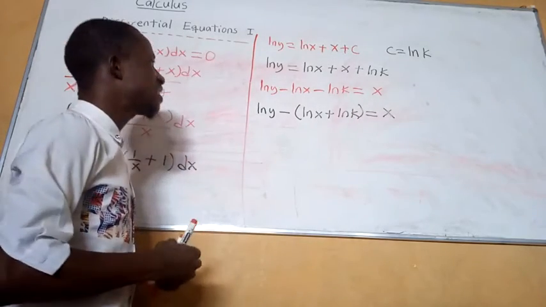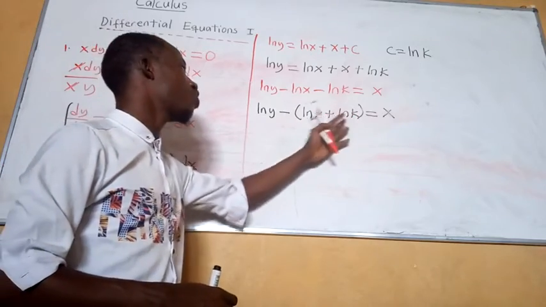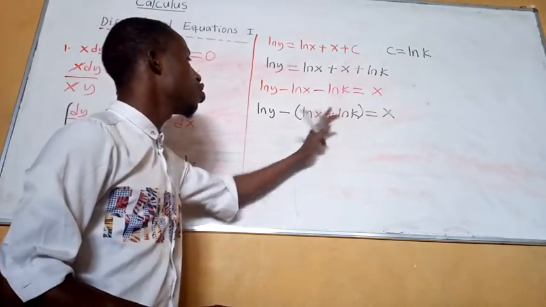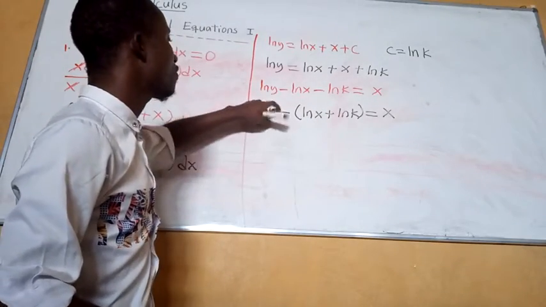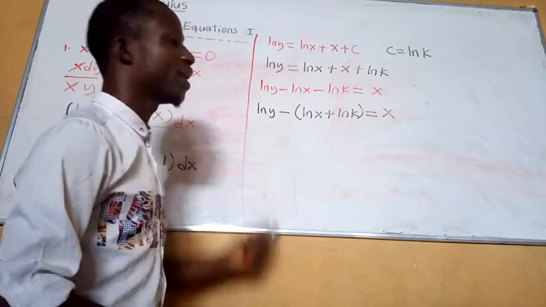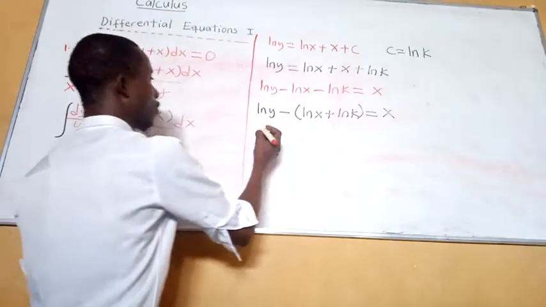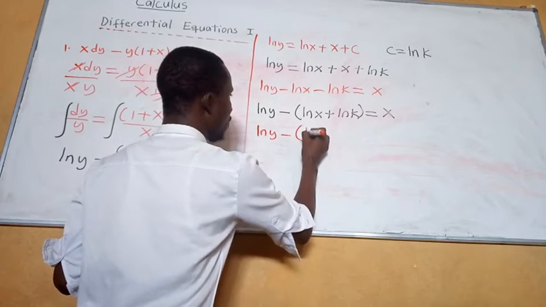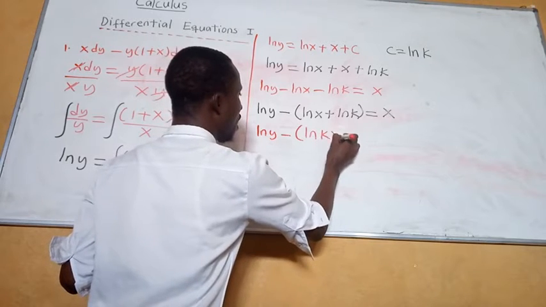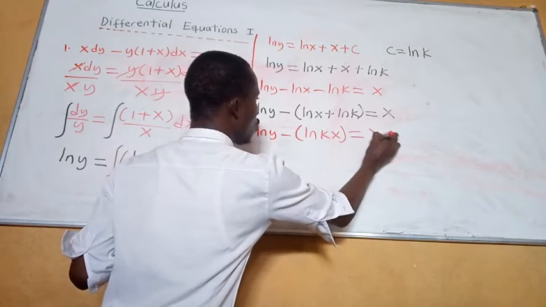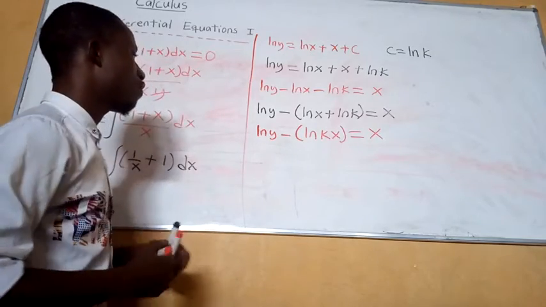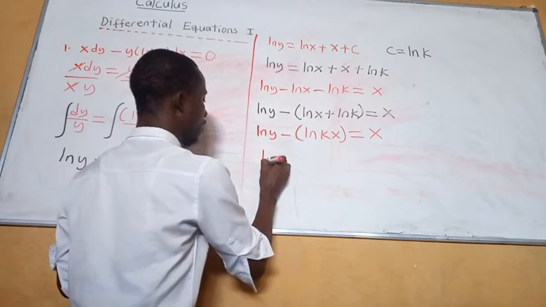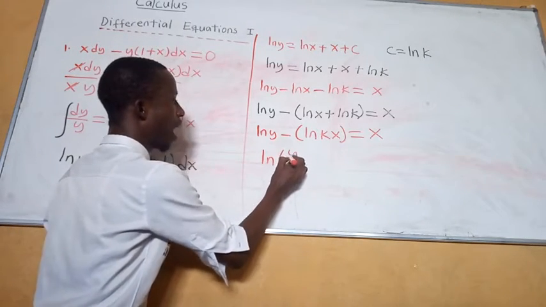Clearly the property of logarithms is applicable: since we have addition, we can multiply, and since we have a negative sign, we can divide. So we have ln of y minus ln of kx equal to x, and so we can divide, giving ln of y over kx.